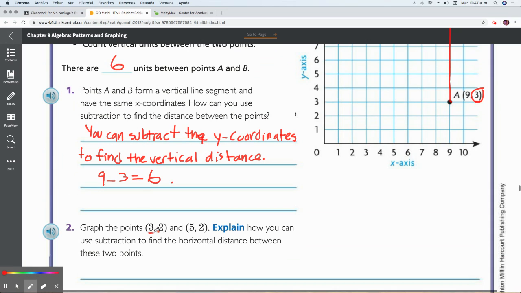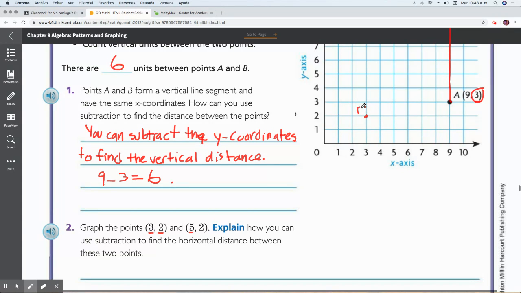Remember that the first number is how we walk across the x-axis. How many units do we need to move to the right? So let's first plot this point: 3. 1, 2, 3. And how many units going up? The second number tells us how many units we need to move up. 1, 2. So (3, 2) would be here.